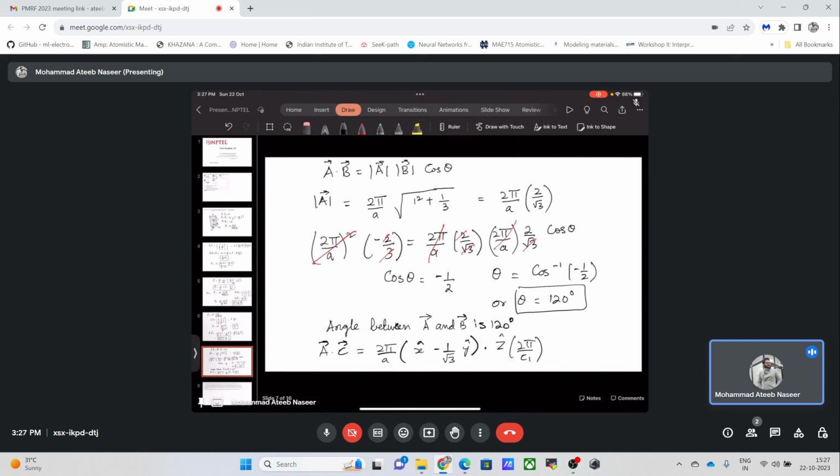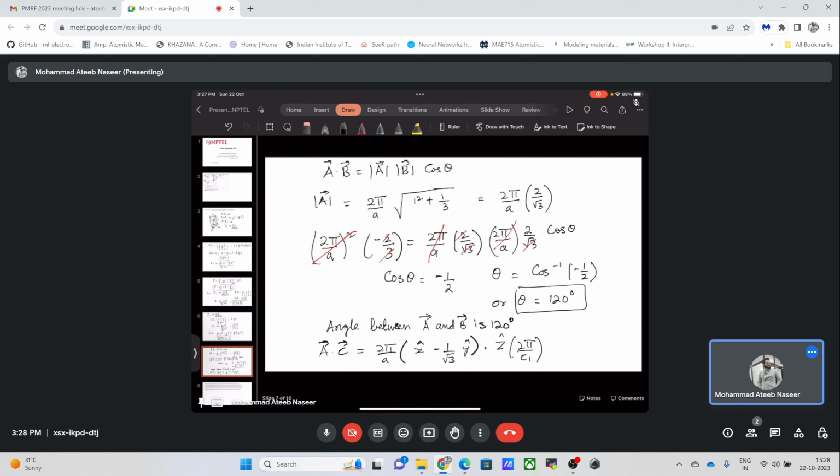So this clearly means that we have this dot product between the two perpendicular components. It would simply be equal to 0.